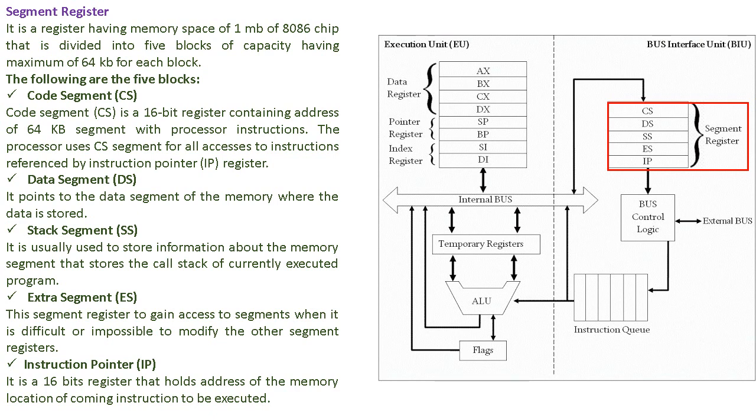So the next instruction which will be executed, that particular memory location address, is stored in the 16-bit register known as the instruction pointer.